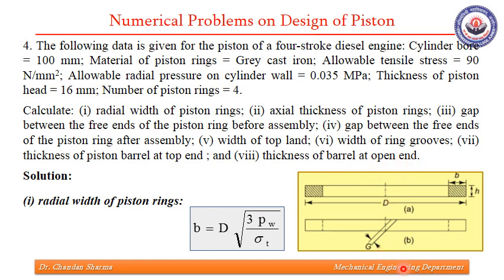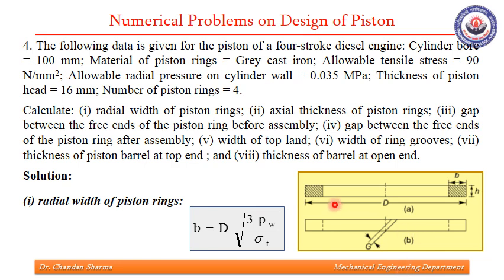It is worth mentioning that when we discussed the design of pistons, we concluded that only a few key dimensions need to be calculated, and other dimensions we can convert in the form of the key dimensions. The same principle will be used over here also.